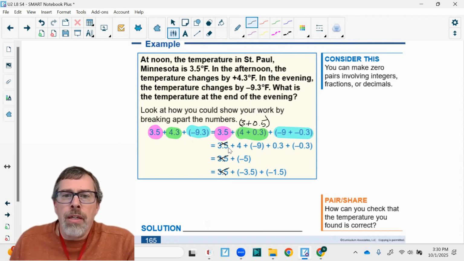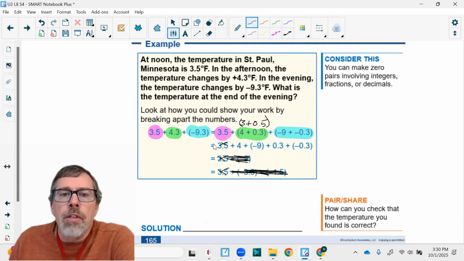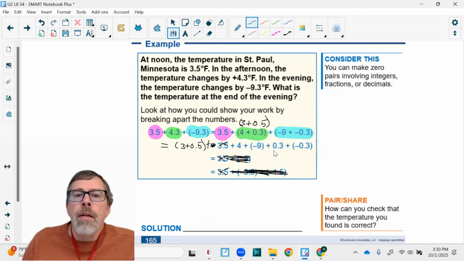So at this point here, I'm just going to eliminate these 2 rows and start fresh. So I'm going to get rid of this equal sign and move it over here. And I'm going to put 3 plus 0.5 plus this. The next step would be to arrange the integers. So we have 3, we have 4, and we have -9.